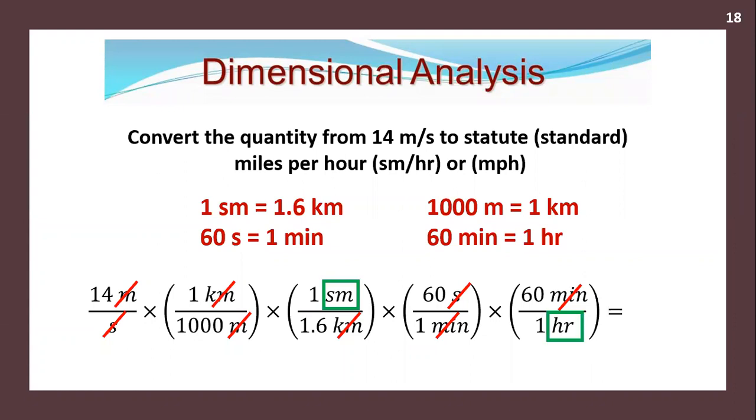Then by dividing the products of the numerators and the denominators, we can calculate that 14 meters per second is the equivalent of 31.5 miles per hour. Later, you will watch a more detailed video to help you with your lab assignment.